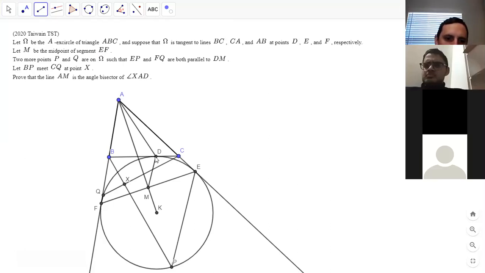Just since the tangents from E and F touch at D, it's well known, I think. Yeah, okay, no, I see what you're saying. So yeah, F, D, E, P is harmonic. So basically DM and AD are isogonal kind of.